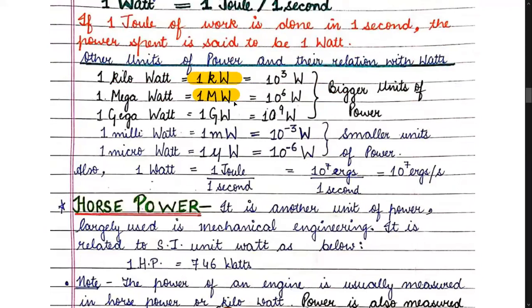Kilowatt, megawatt, gigawatt. Kilo means 1000. Mega means 1000 multiplied by 1000. Giga means 1000 multiplied by 1000 multiplied by 1000. So if we write down in power form, look students, 1 kilowatt is actually equal to 1000 watts.